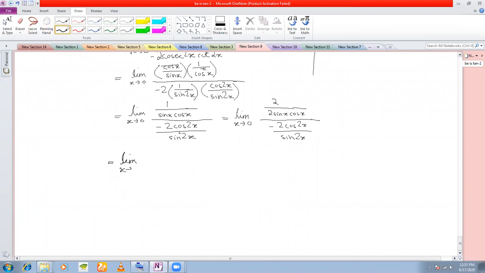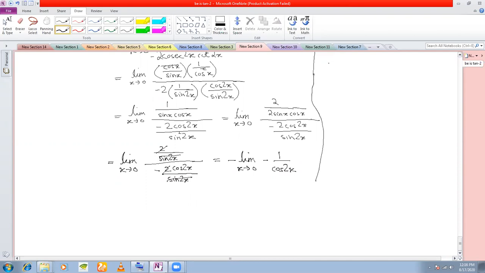In the next step, you get 2 by sin 2x here, and in the denominator you get minus 2 cos 2x by sin 2x. So this sin 2x will cancel. This 2 will cancel. So what are you left with? Minus limit x tends to 0 minus 1 by cos 2x, right?